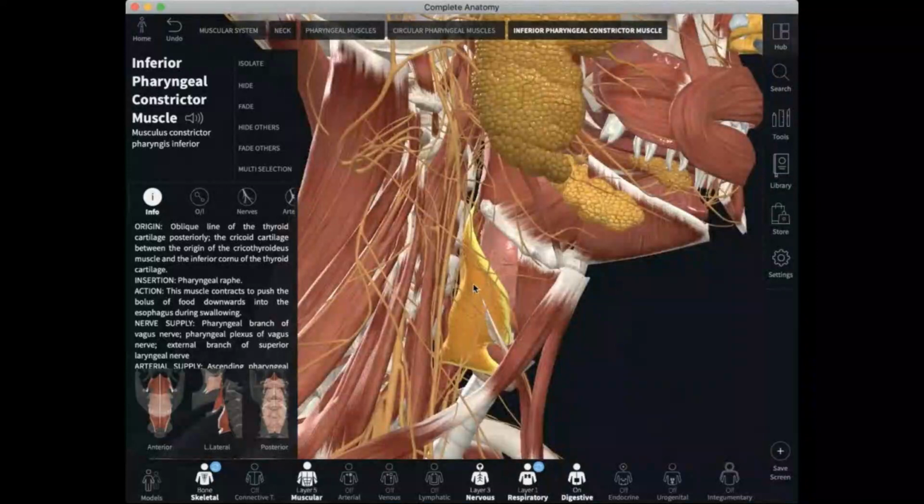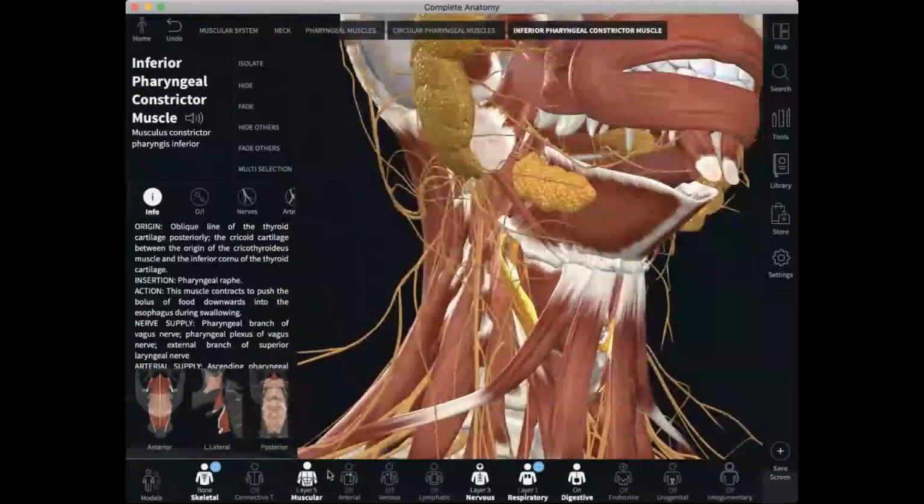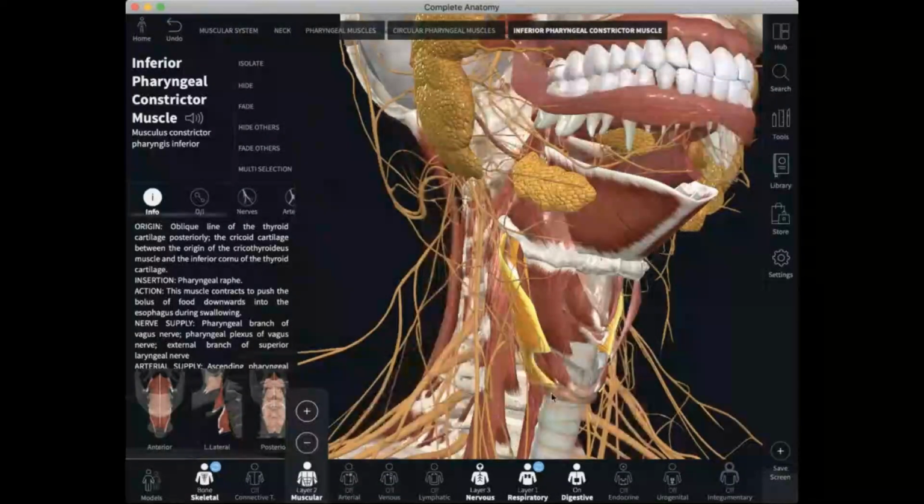This nerve is a parasympathetic nerve. So this is supplying the pharynx area. This is the area where the pharynx is located.